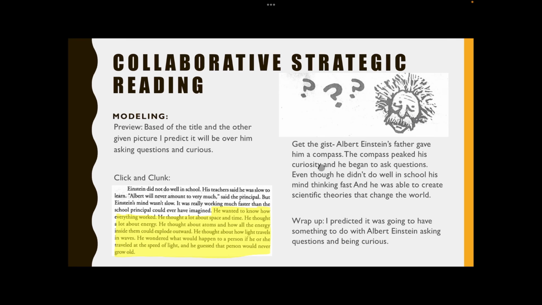And for the most part, it was correct because even though it wasn't maybe the curiosity I thought, he was curious about the compass, and he asked questions about how things worked and just wanted to know about the many different things in life.